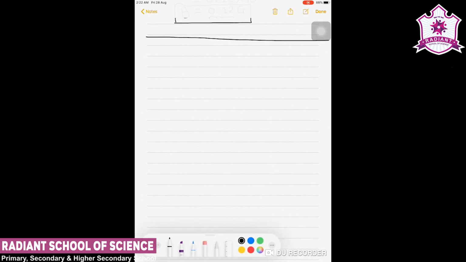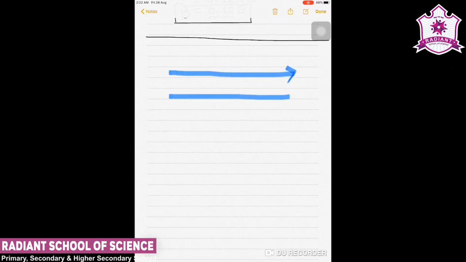So here we are given 2 or 3 things. The uniform magnetic field is given, and we can show it by the arrow as shown here. Suppose this is the direction of the uniform magnetic field that is given here.